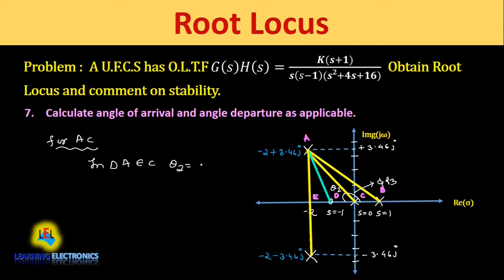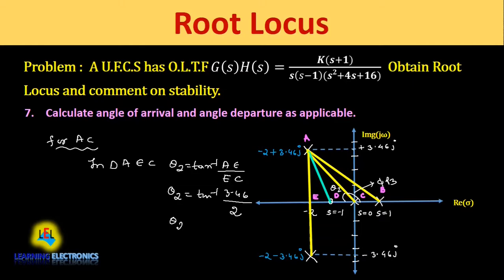What is theta 2? Theta 2 will be equal to tan inverse of opposite, which is AE, divided by base, which is EC. So theta 2 will be equal to tan inverse of AE, which is 3.46, divided by EC. We have to find out EC: this is 1, this is 2, so total 2.